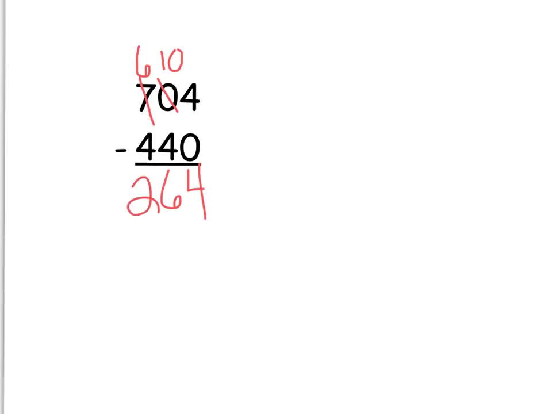So my difference is going to be 264 because I had to regroup because I can't take 4 from 0. So I had to borrow and make my 0 a 10 for 10 tens. Let's go ahead and look at the last problem.